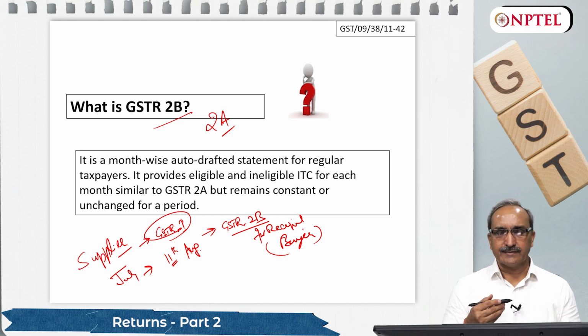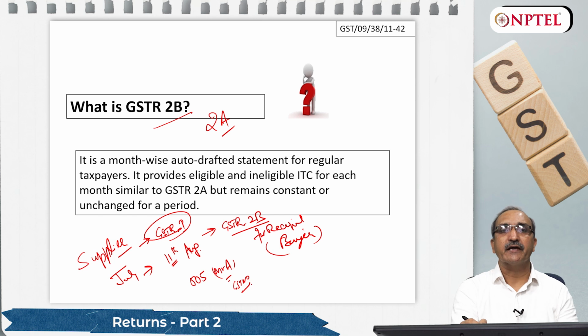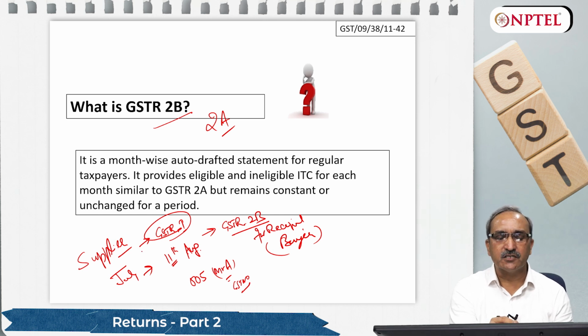Means, as a supplier, if I have supplied goods to Mr. A, who is a registered person under GST, in my GSTR 1, which I fill invoice-wise, if I raise bill number 005 to Mr. A, I will mention bill number 5, name of Mr. A along with his GST number and HSN code of my goods supplied, value of the goods, tax rate applicable, tax amount, everything in my GSTR 1.